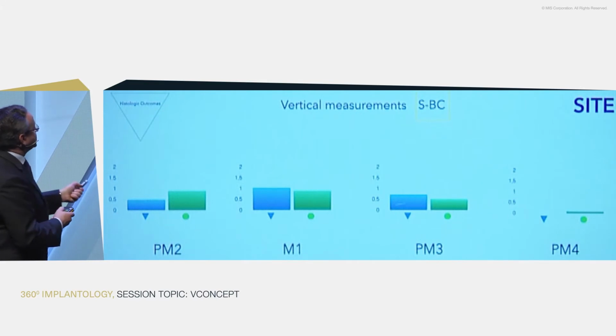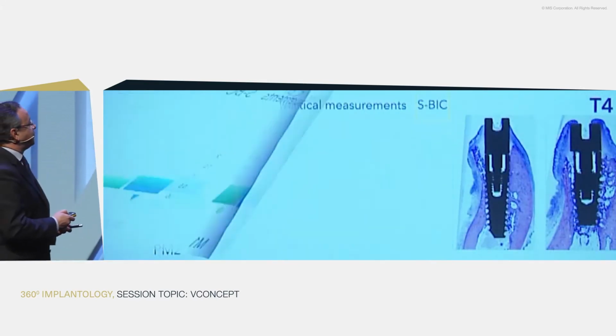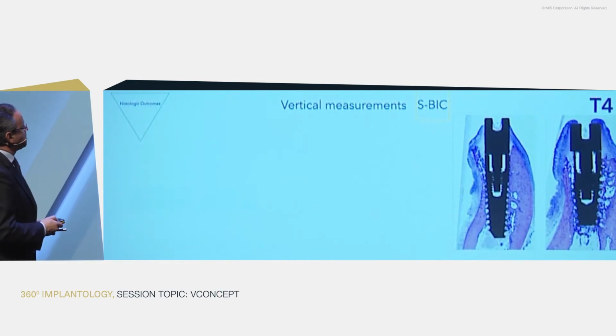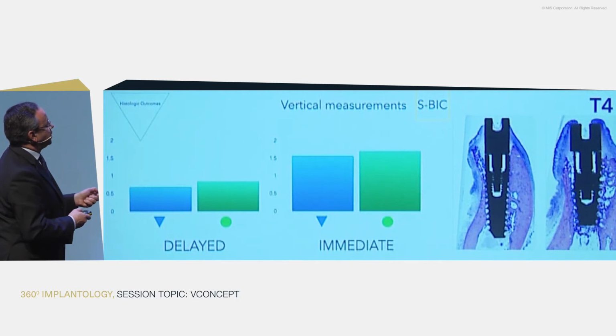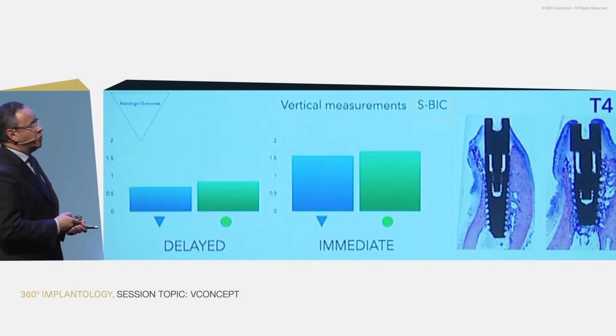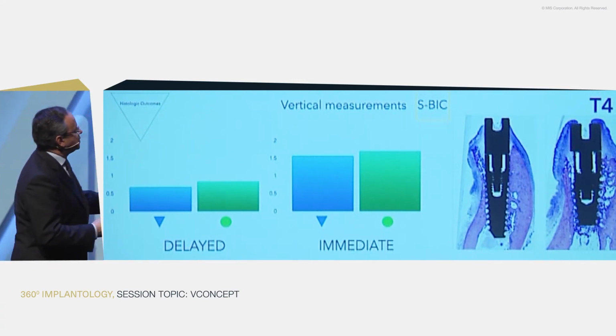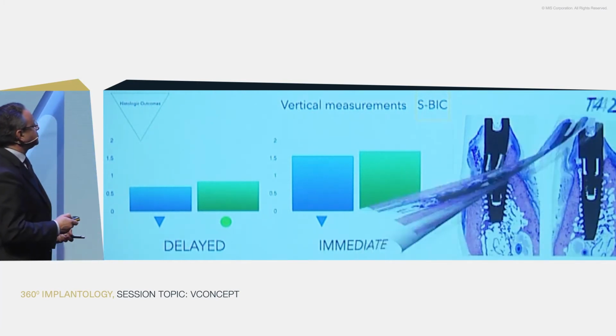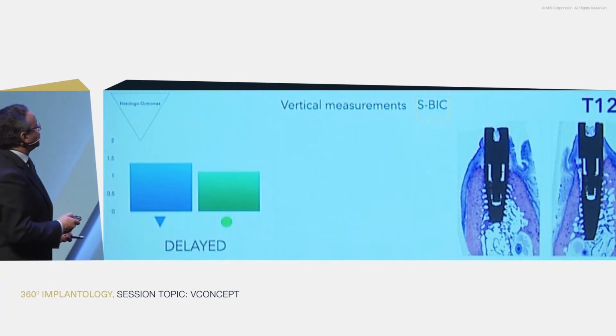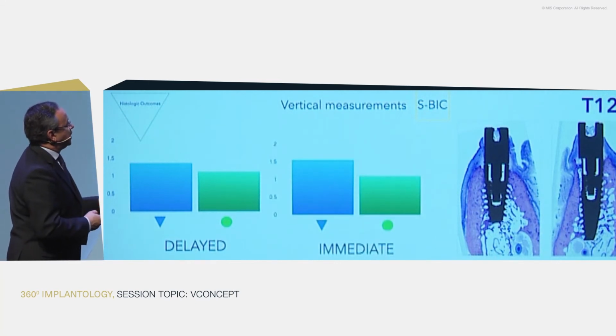So in most of the sites, the vertical distance is about 0.5 millimeters. Here is the same situation with the shoulder to the first bone-to-implant contact. Again, you have here an experimental, a control site, very similar results in both levels.